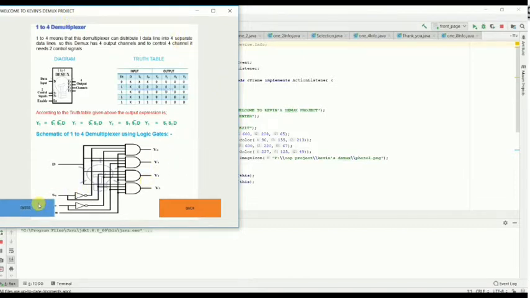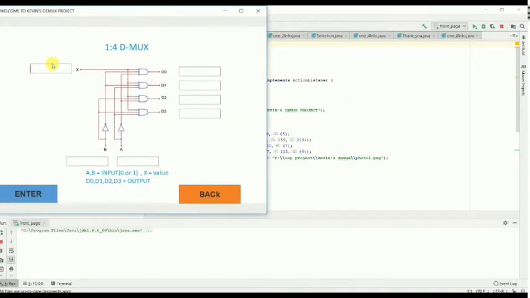It gives you output on D1 if you enter 1. So 1 in decimal is equal to 2, so it will give you output on D2. And if you enter 11, it is shown in decimal.